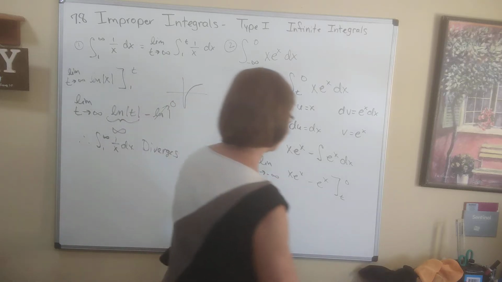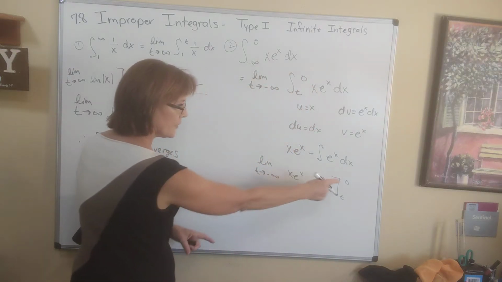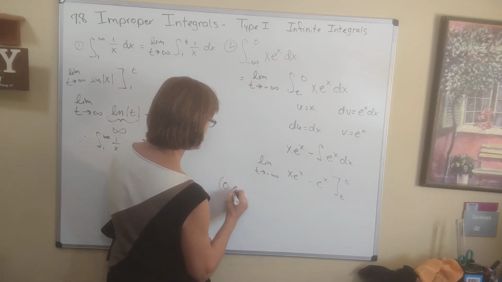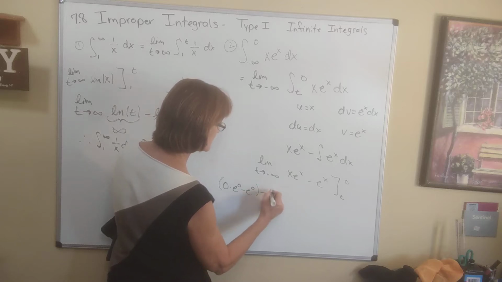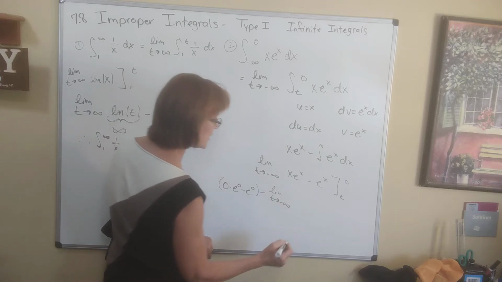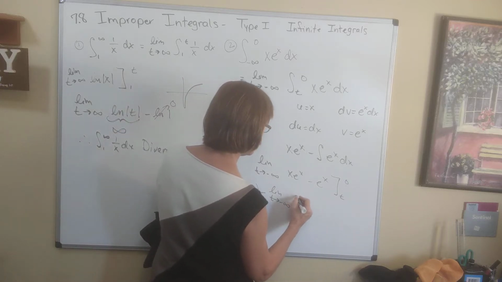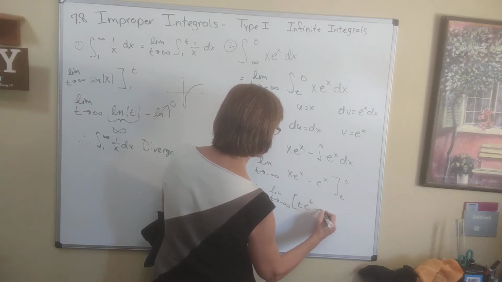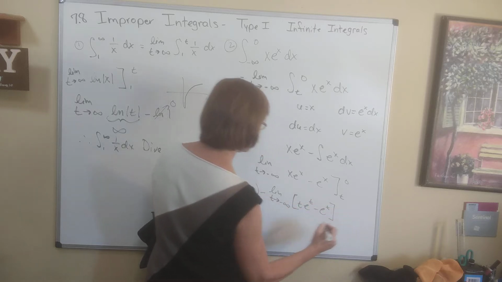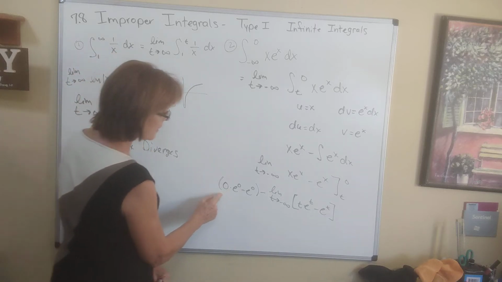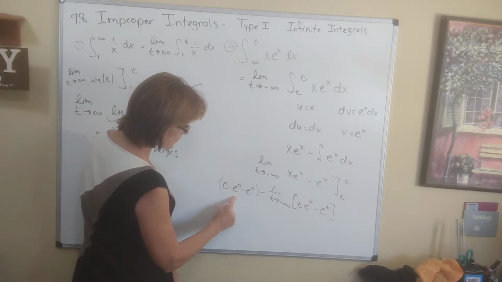Okay, let's look at this. First we evaluate at 0, so we get 0 times e to the 0 minus e to the 0, minus, and here's where I'm going to write the limit notation, the limit as t goes to negative infinity of t e to the t minus e to the t. All right, let's have a look at this. Right here, 0 times basically 1 is 0.